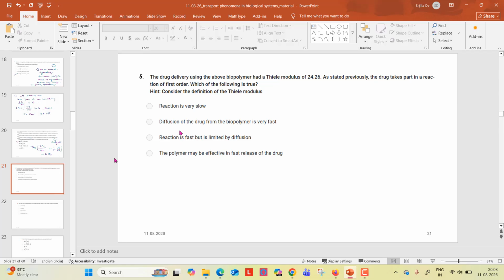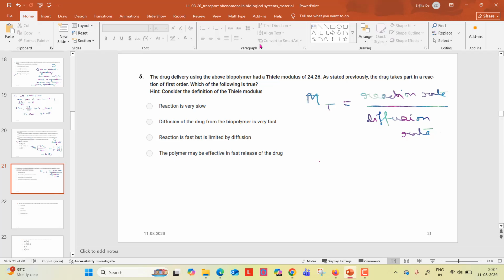So, we have seen that the Thiele modulus definition is given as the reaction rate to the diffusion rate, right?